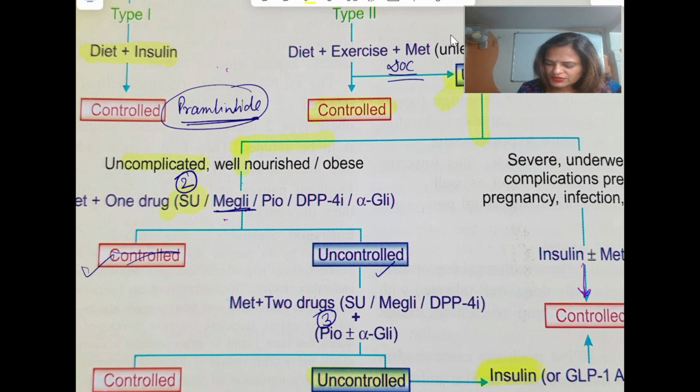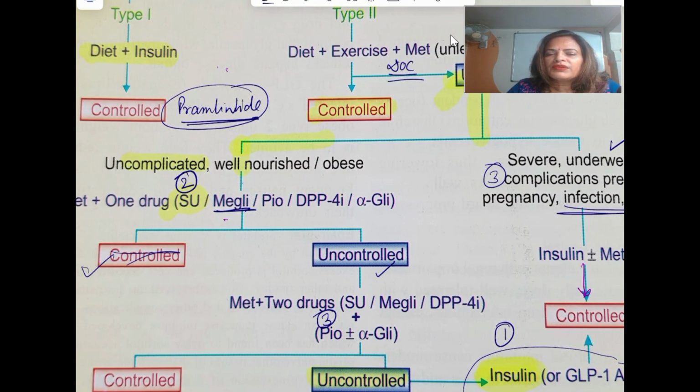And what are the other conditions when we have to put the patient on insulin in type 2 diabetes mellitus? First, when to give insulin: if it is not controlled with oral anti-diabetic drugs, then we have to put the patient on insulin. This is number one. Number two, if the person is underweight. Number three, if there is any complication like diabetic ketoacidosis or any other complication with diabetes mellitus.